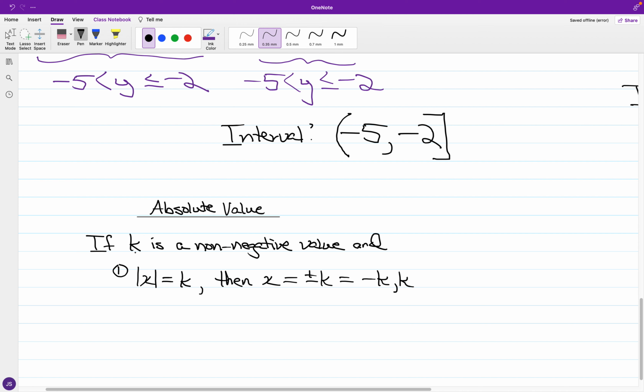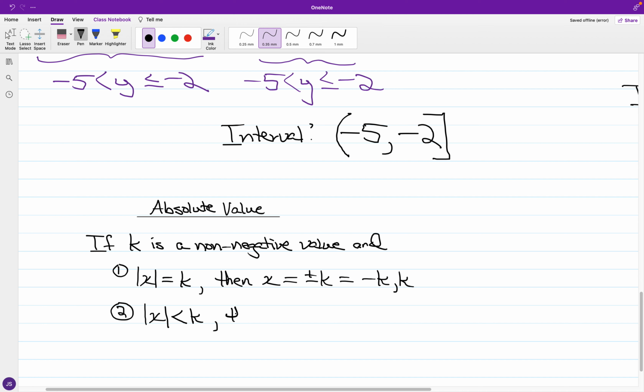Now, for inequalities, if k is still a non-negative value and the absolute value of x is less than k, you'll be looking at sandwiching values of x between negative and positive k.